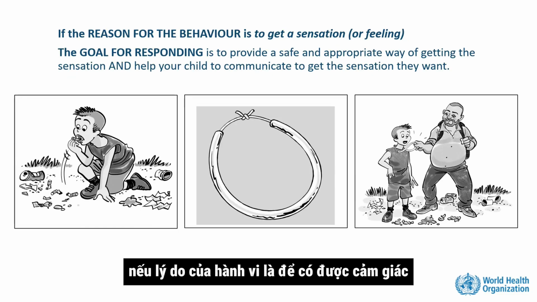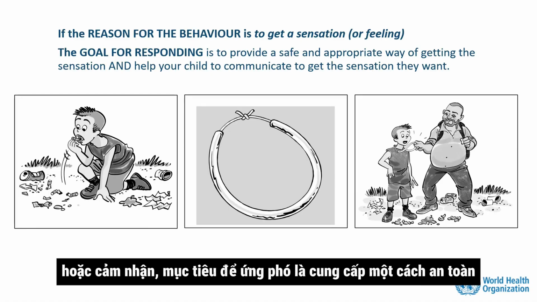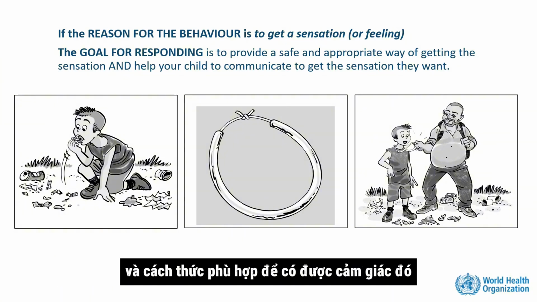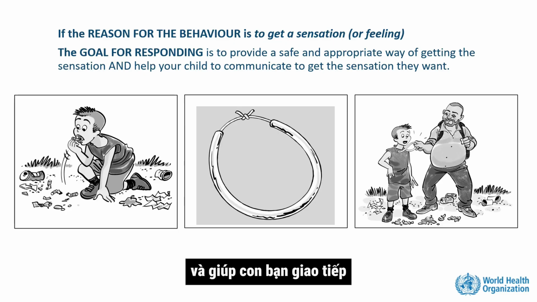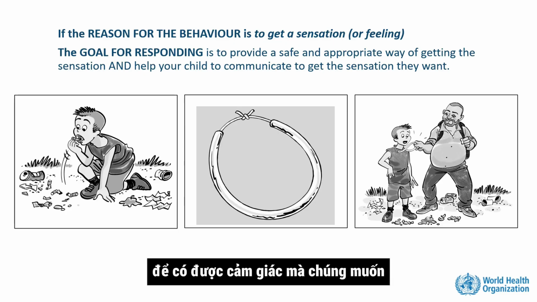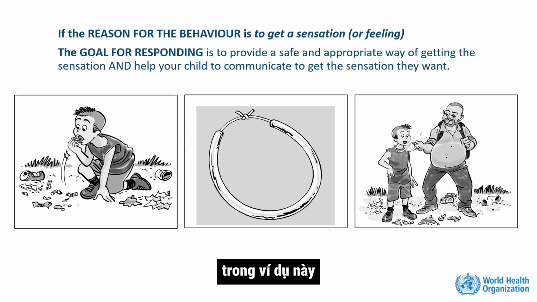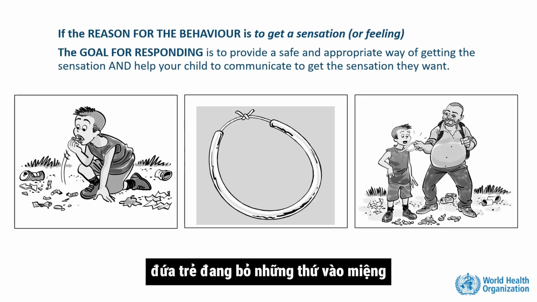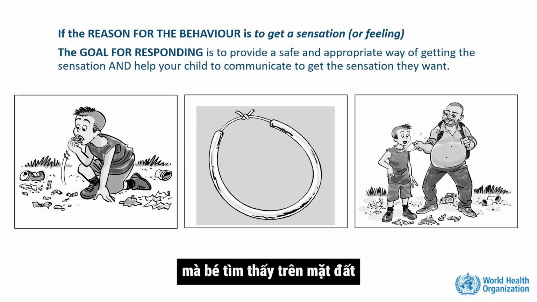If the reason for the behavior is to get a sensation or feeling, the goal for responding is to provide a safe and appropriate way of getting the sensation and help your child to communicate to get the sensation they want. In this example, the child is putting things in his mouth that he finds on the ground.